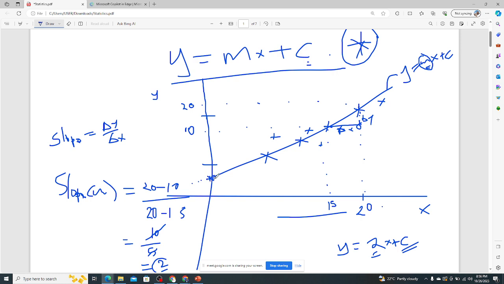That point where our line of best fit, or our regression line, cuts the y-axis is the y-intercept, and that's the value of our c. Let's assume it cuts the y-axis at 2.5.